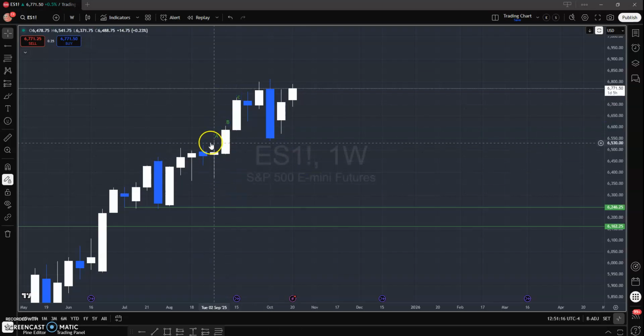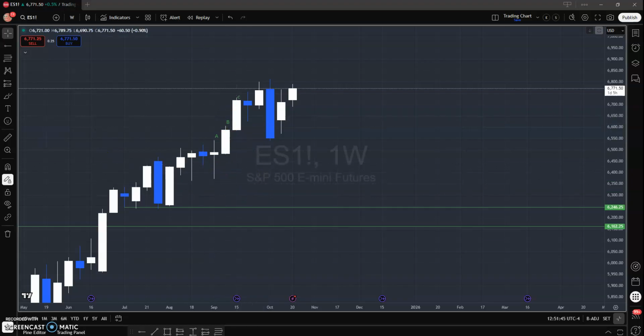All right, so you got candle A here, candle B, candle C. A fair value gap is if the candle did not wick or come back and touch candle A. So candle C has to touch candle A. If candle C and A do not touch, then there is a fair value gap within candle B.